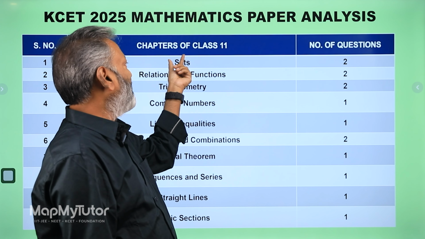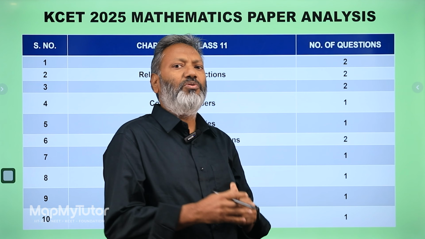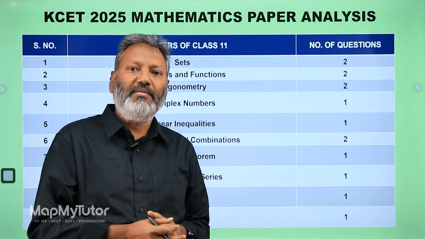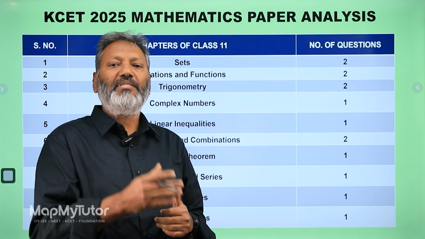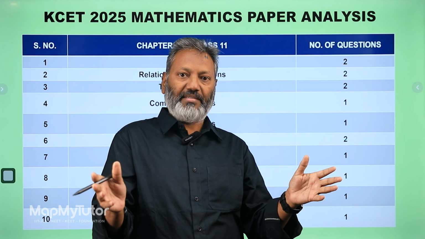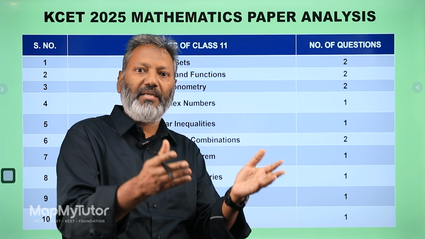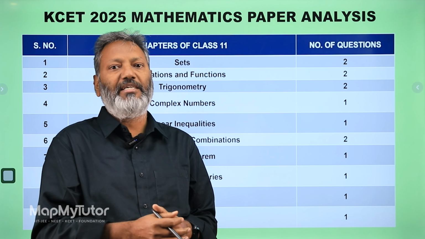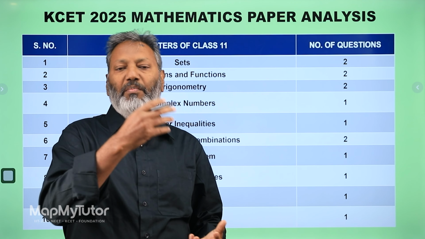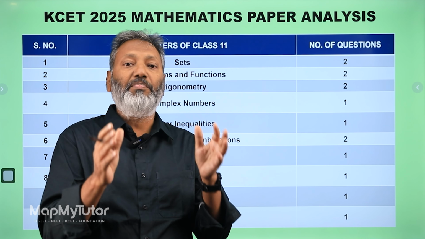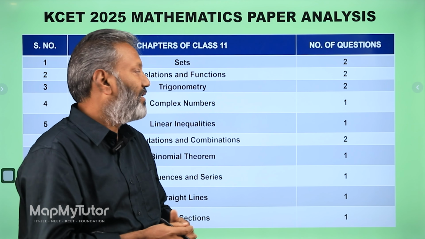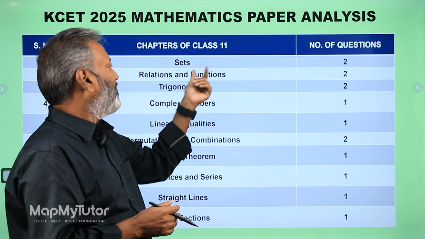Suppose in sets there are 2 questions, usually based on which topics will they ask? One is definitions, the other is operations. Operations in the sense of union, intersection, difference of 2 sets, maximum number of elements, minimum number of elements. These are the important concepts where you have to focus. The next one is relations and functions.